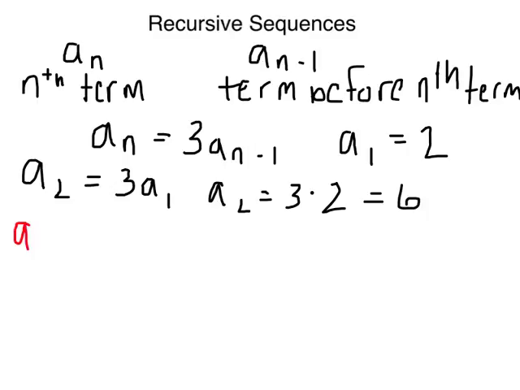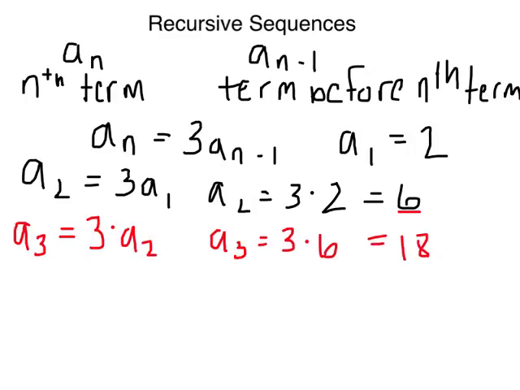We could find a3 by plugging something in for the an minus 1. So we have to think about a3, which term would be the term before a3, and that would be a2. Well, we know a2 is 6, so a3 is equal to 3 times 6, which is 18.